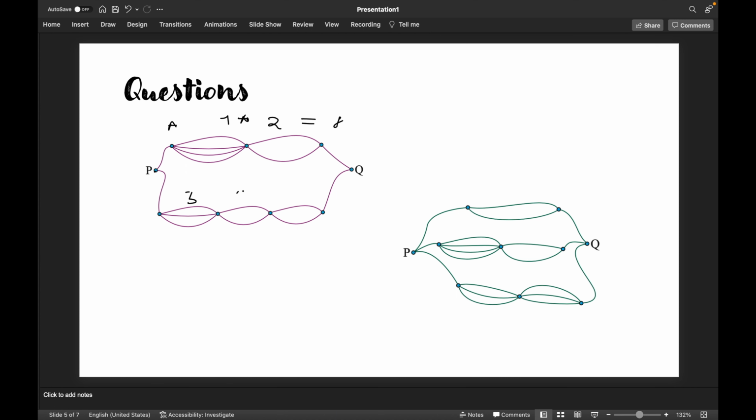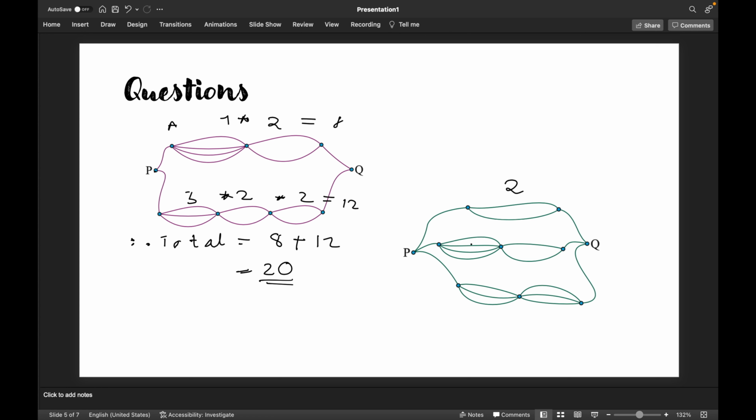This is going to be 3, 2, and 2, and we multiply them. It's going to be 6 into 2, which is 12. So therefore, total would be 8 plus 12, 20. Let's do the same for this one.